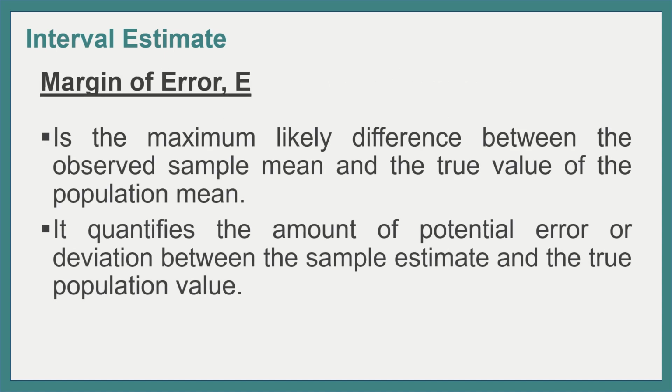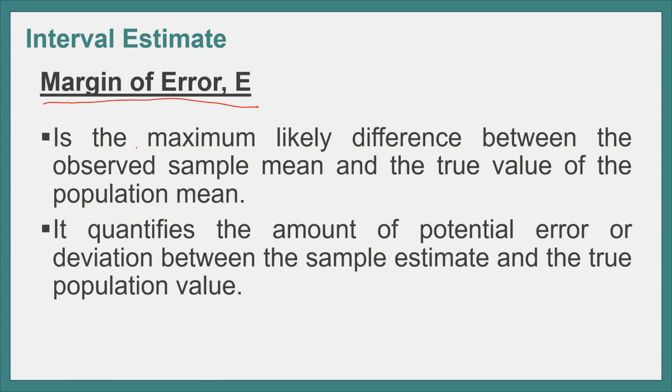Okay, so now let's talk about the margin of error. As we said, the margin of error determines the lower boundary and the upper boundary. So it determines the lower limit and the upper limit of your confidence interval.